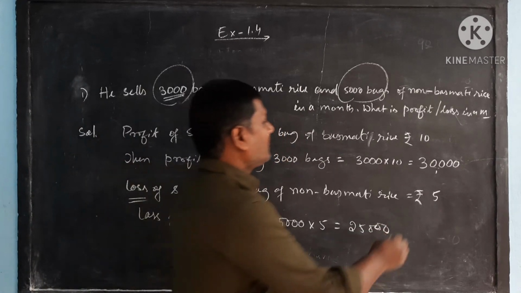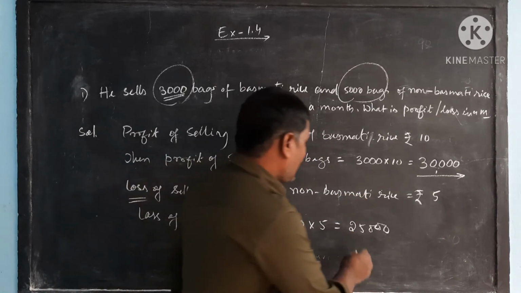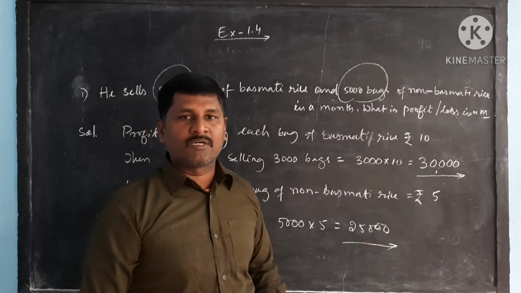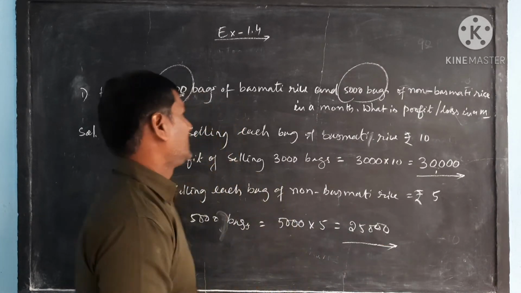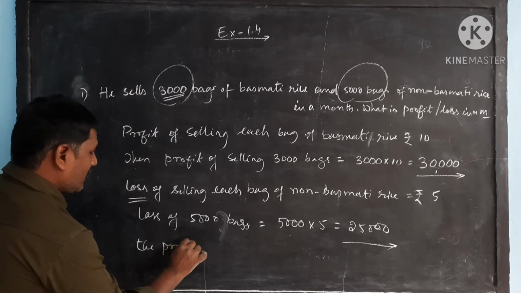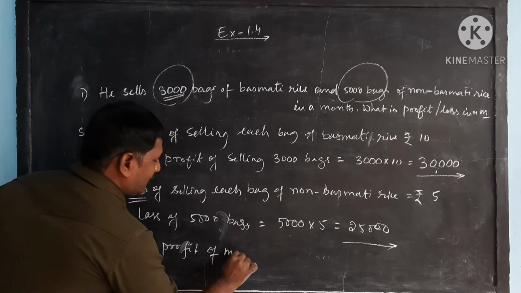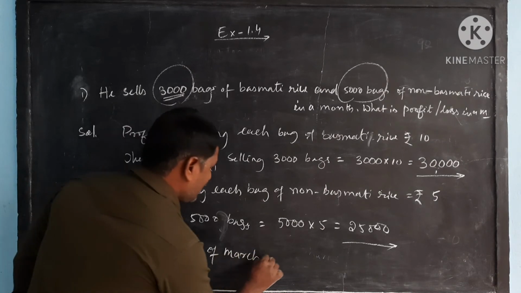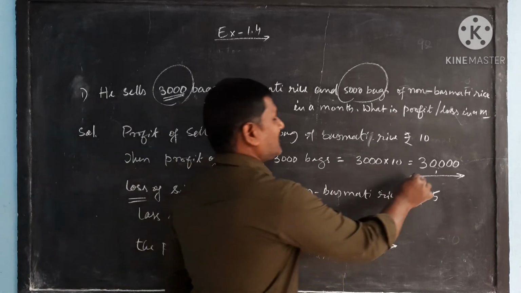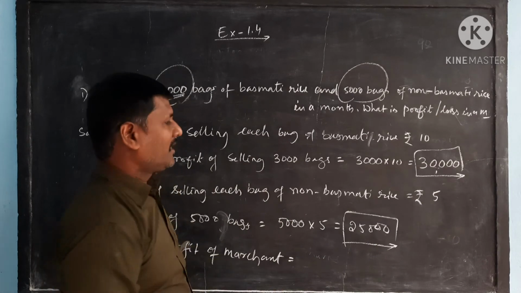Here he got a profit from selling the basmati rice. He lost 25,000 from the selling of non-basmati rice. The overall profit of the merchant is equal to, as the profit is more than the loss, you get a profit.